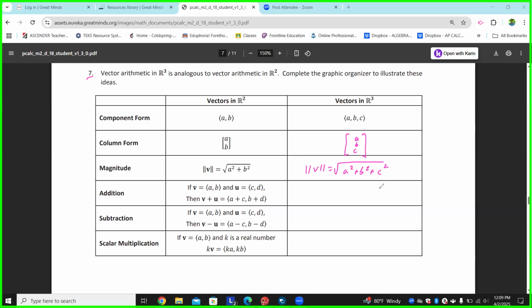What do you think is going to be the rule? So if v equals a, b, c, and u equals d, e, f, then v plus u would equal what?